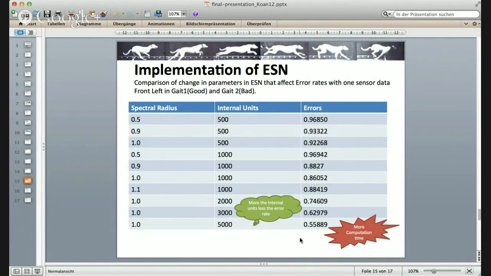And so it was on a good gait, I think, from left, where I have the error rate on the sensor data from left in gait 1 and gait 2 bad.